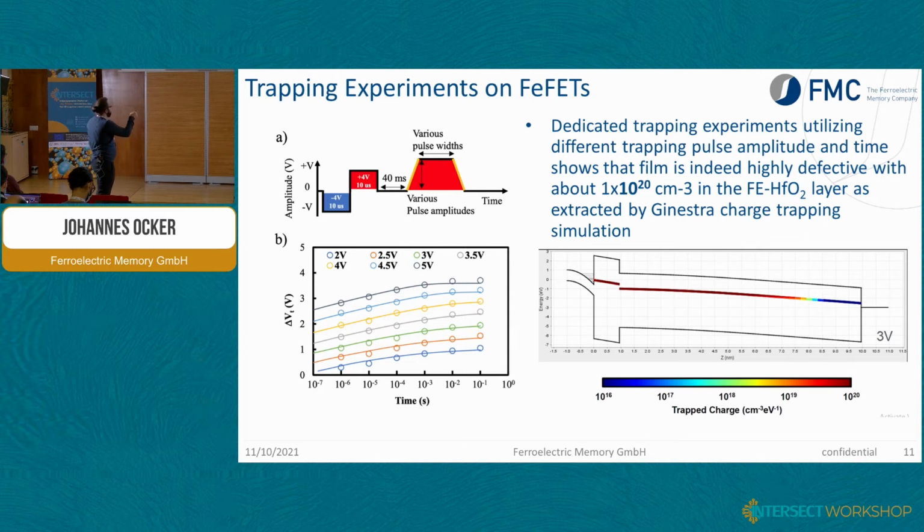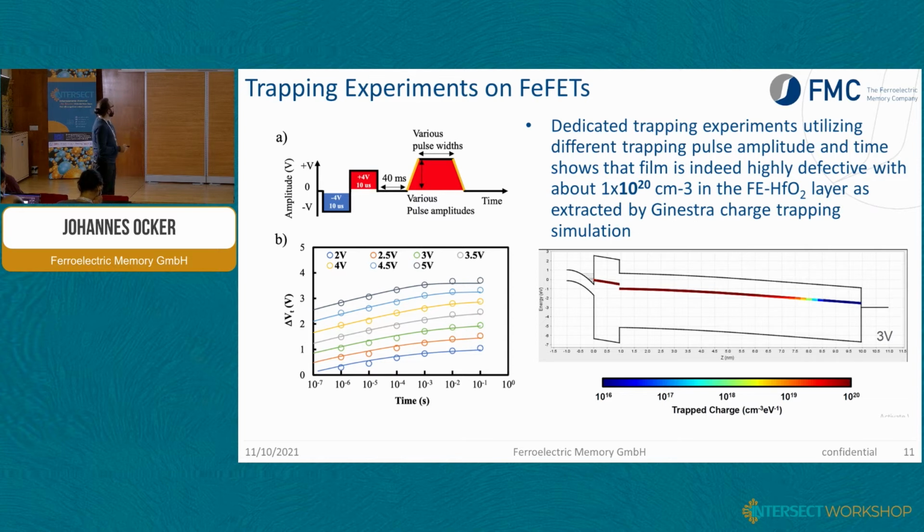This is the silicon dioxide. This is the ferroelectric high-K. And this is the amount of trapped charges, here 10 to the power 20 in this region. Here there are no trapped charges, because there's a tunneling path out, so these states cannot be occupied.